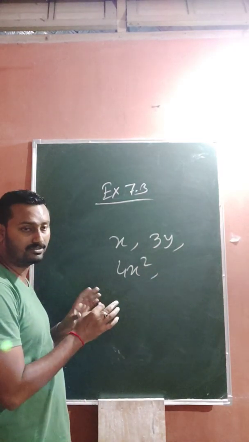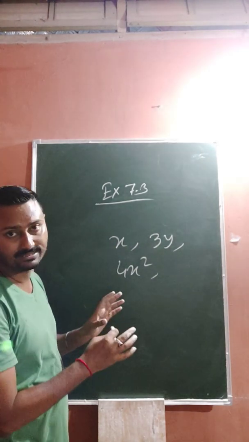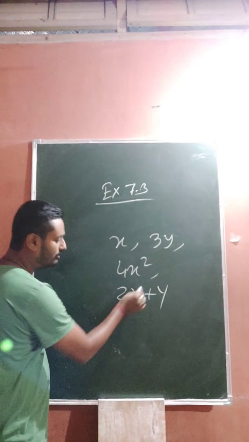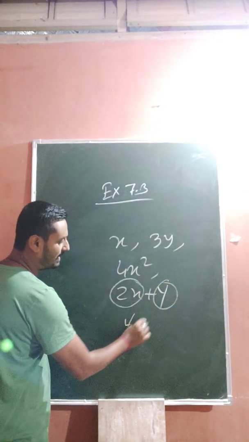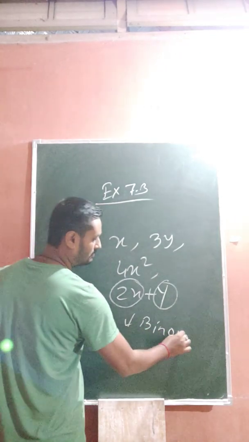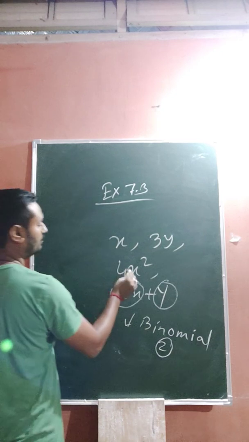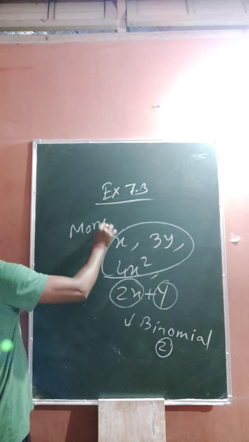One thing you always remember is that terms are separated by plus and minus symbols. Suppose there is 2x plus y, then there will be two terms, one is 2x, one is y, and it is known as binomial. If there are two terms, that means binomial, and all these others are monomial. Why monomial?